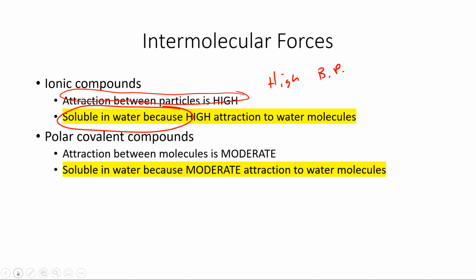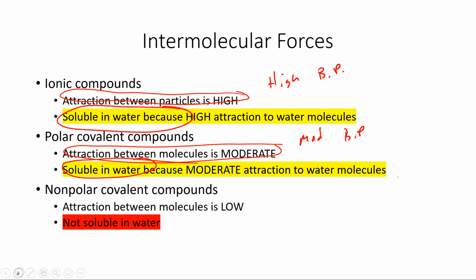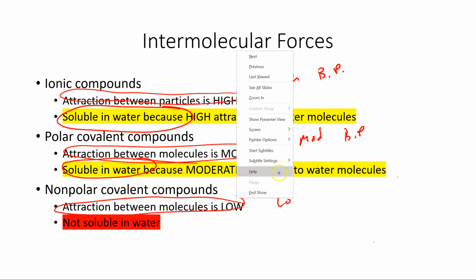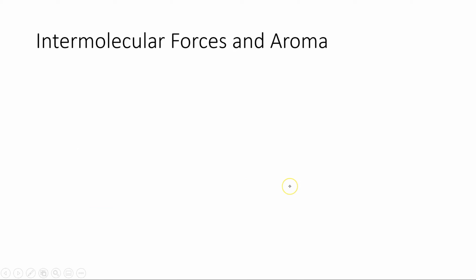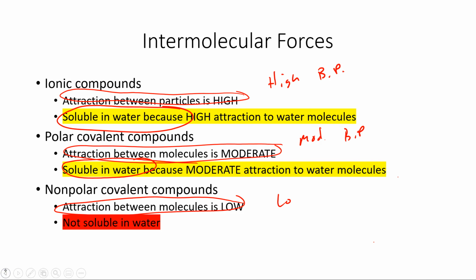Polar covalent compounds, we have a moderate attraction, moderate boiling points, and also soluble in water. Non-polar covalent compounds, we have low attraction, lower boiling points, right? And they're not soluble in water.